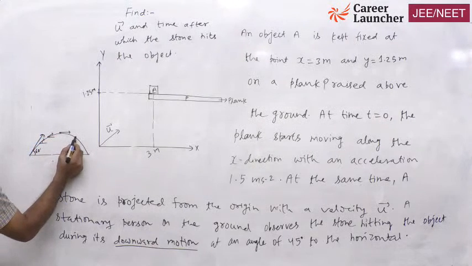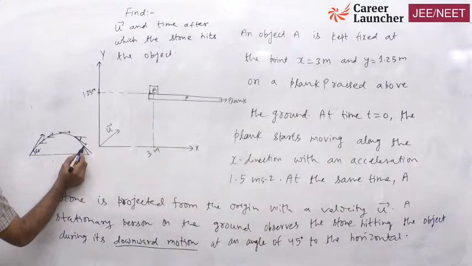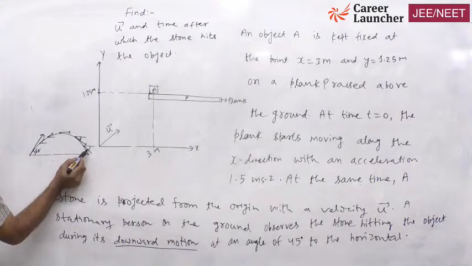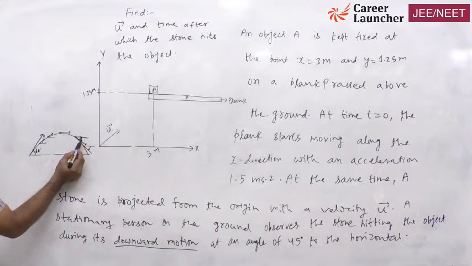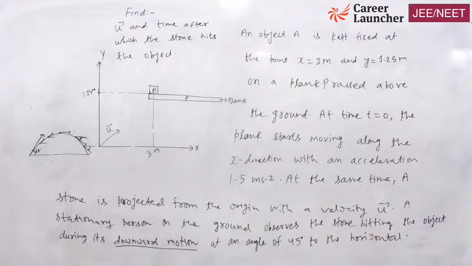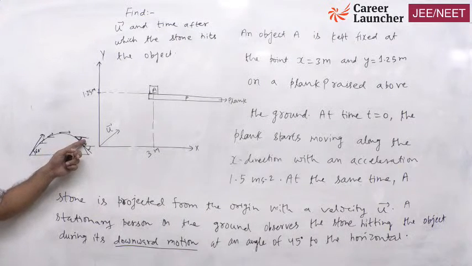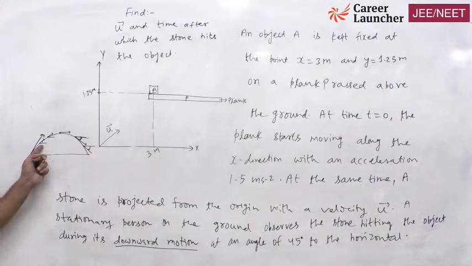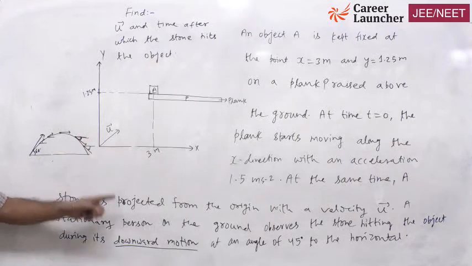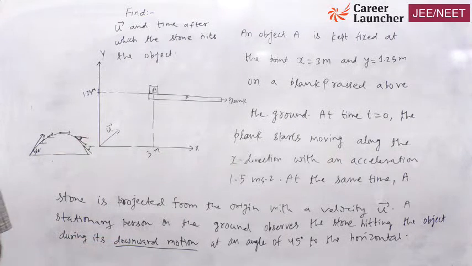And while coming down, its velocity angle keeps on increasing with the horizontal. Am I right? You can check by this diagram. So this is in the downward direction, that's what I have marked here. While the object is coming down, the velocity angle is in the downward direction, whereas here it is in the upward direction with the horizontal. You can ask if you have any doubt; you can type in the chat box. I will help you.